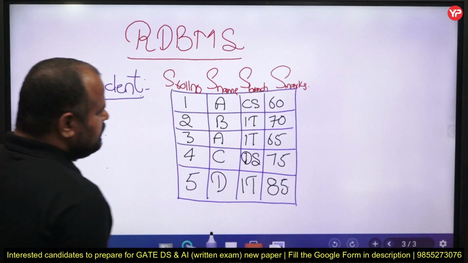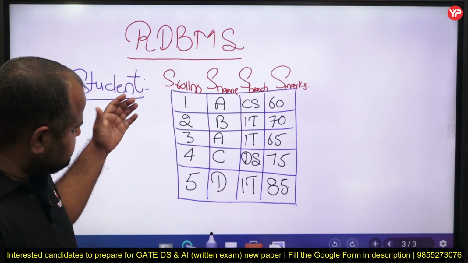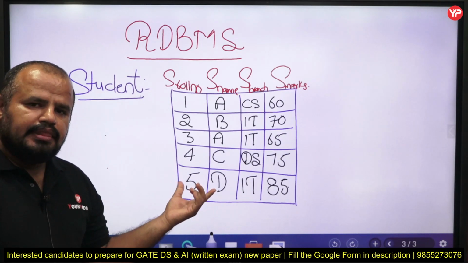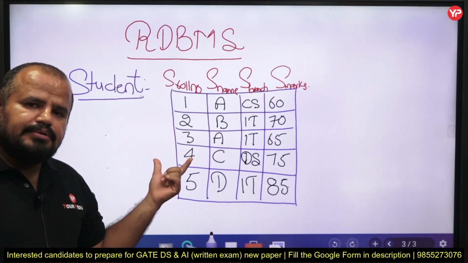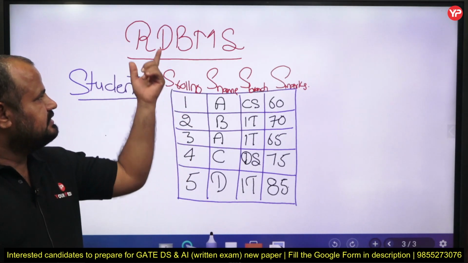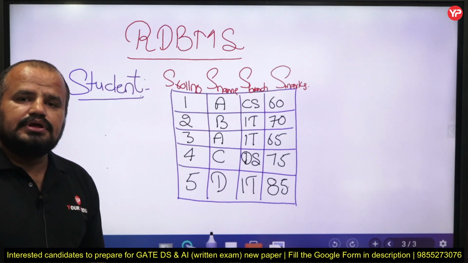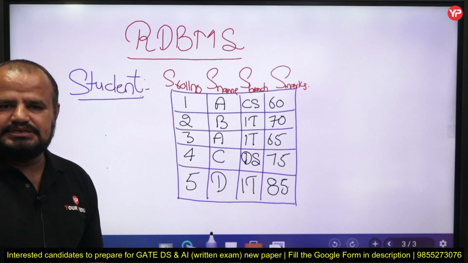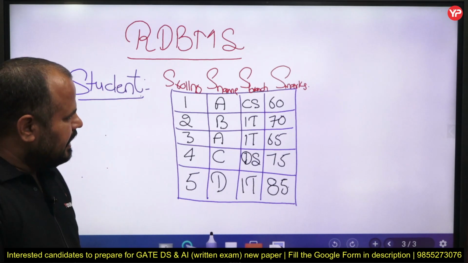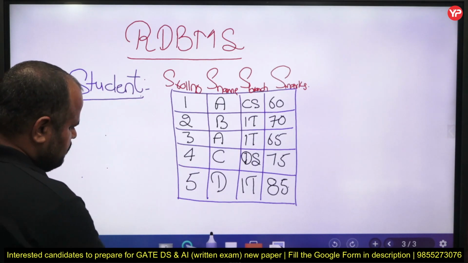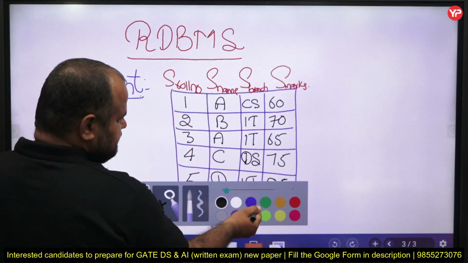Fine, my dear students. So now I am just storing the details of students in my table, and whenever I use a table to store the information, that database management system is called RDBMS, Relational Database Management System. Now if I see this table, I am going to find out some of the basic things.